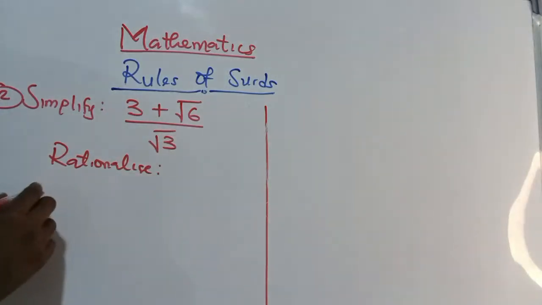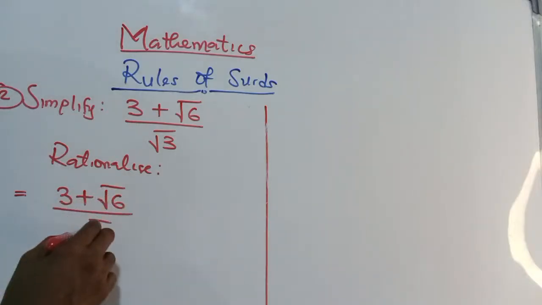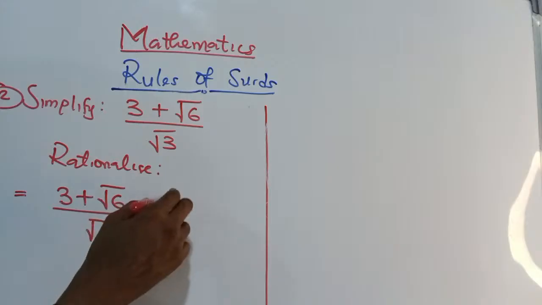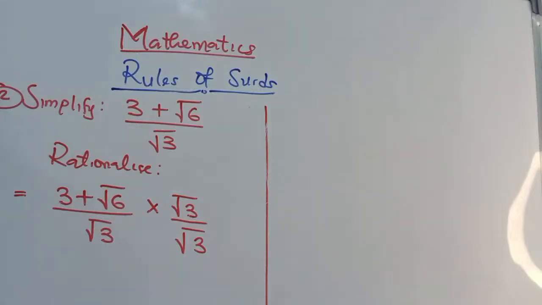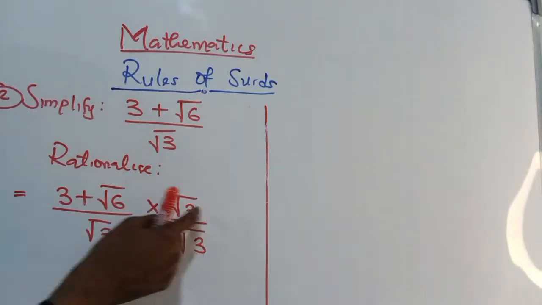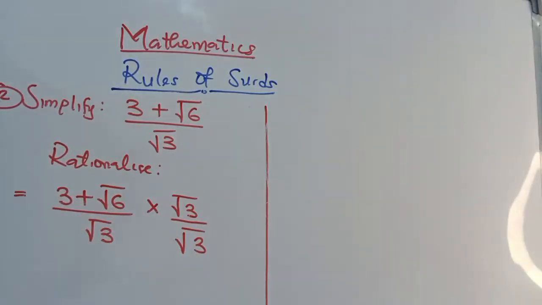So we have 3 plus root 6 over root 3, multiplied by root 3 over root 3. That is what it means. Then we multiply each of them.